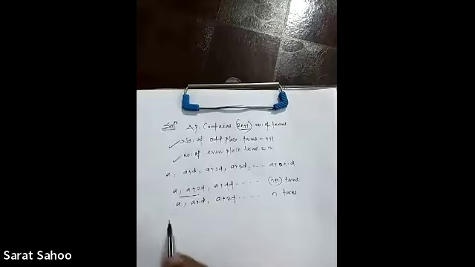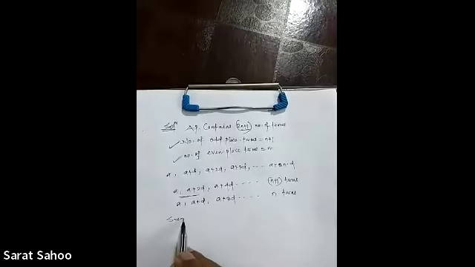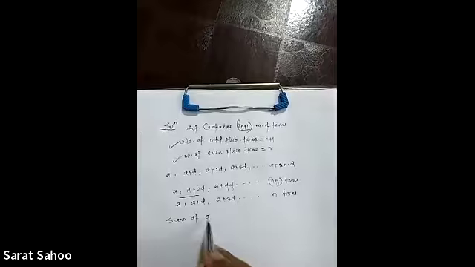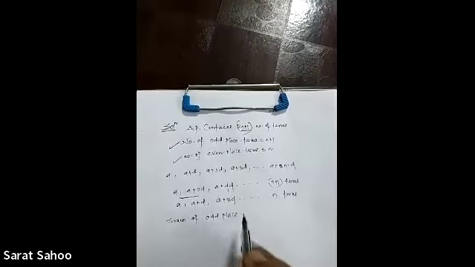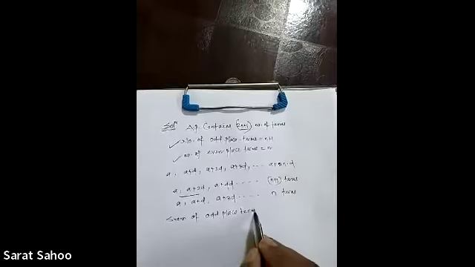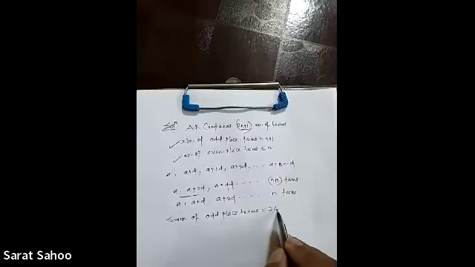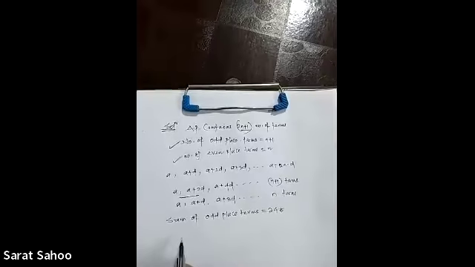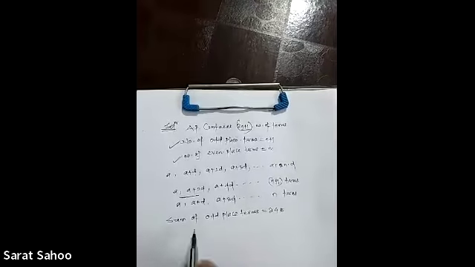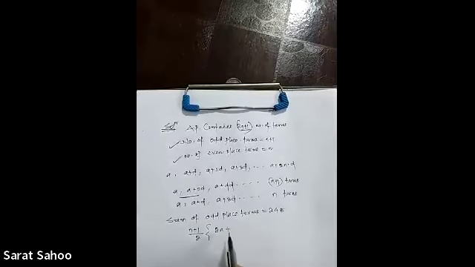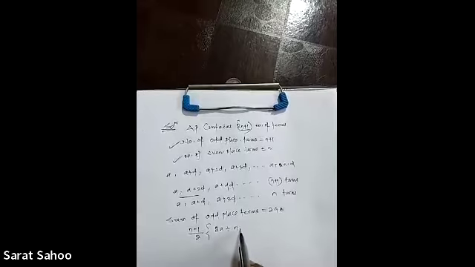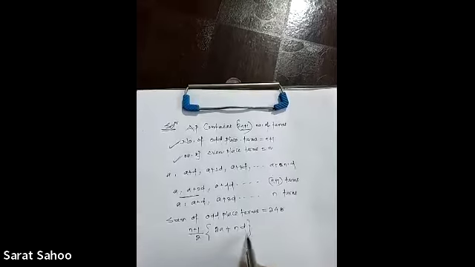Sum of odd place terms equals 248. So n plus 1 by 2 into 2a plus n plus 1 minus 1 into common difference is equal to 248.